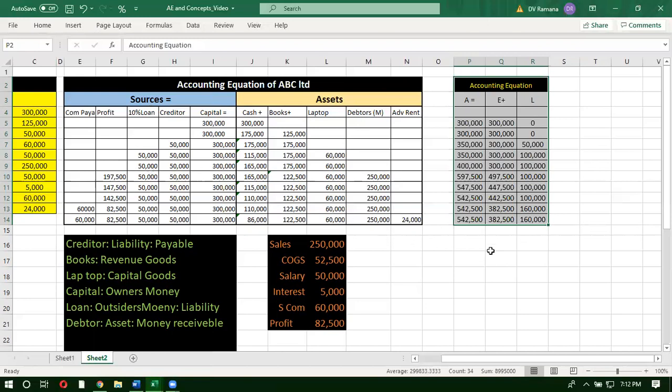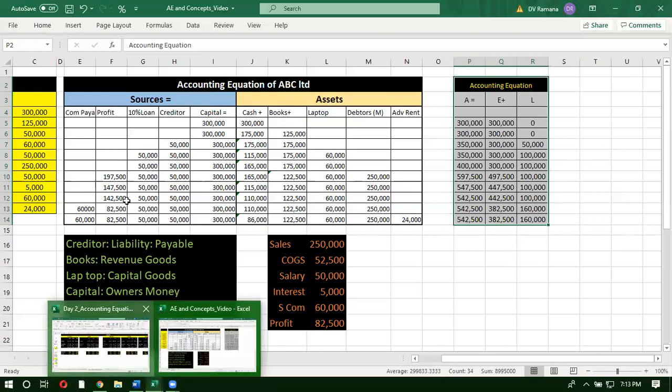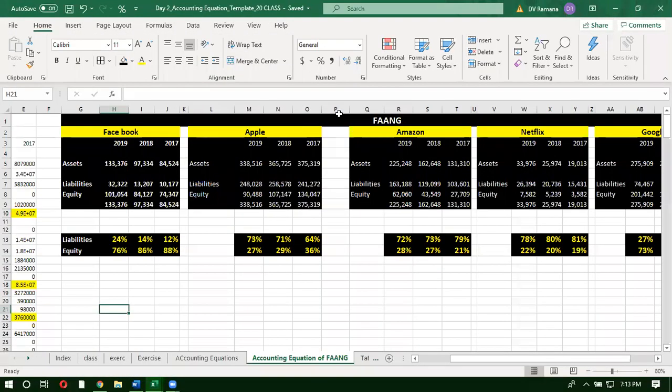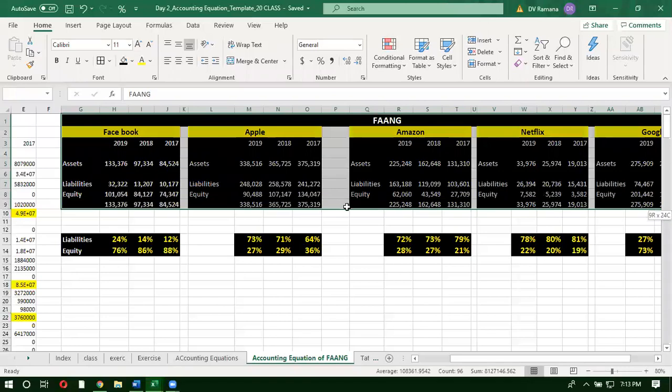Otherwise, accounting revolves around this accounting equation. Any company you pick up, you can see the accounting equation. For example, this is the accounting equation of FANG: Facebook, Apple, Amazon, Netflix, and Google.